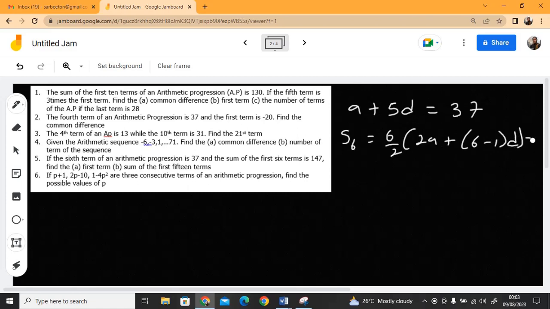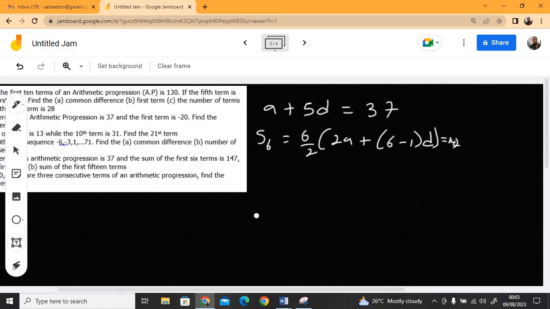Everything they say equals 147. Let me shift this a little bit so that you can see it clearly. So this here is 147. Now let me do this. 6 divided by 2 is 3.